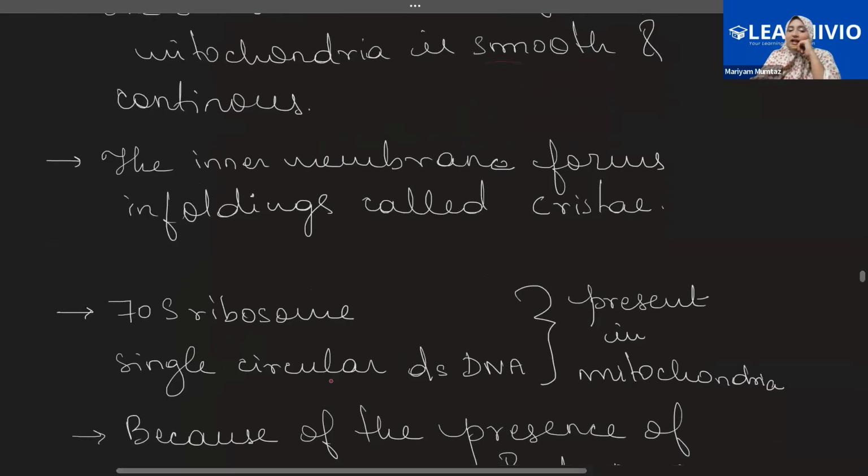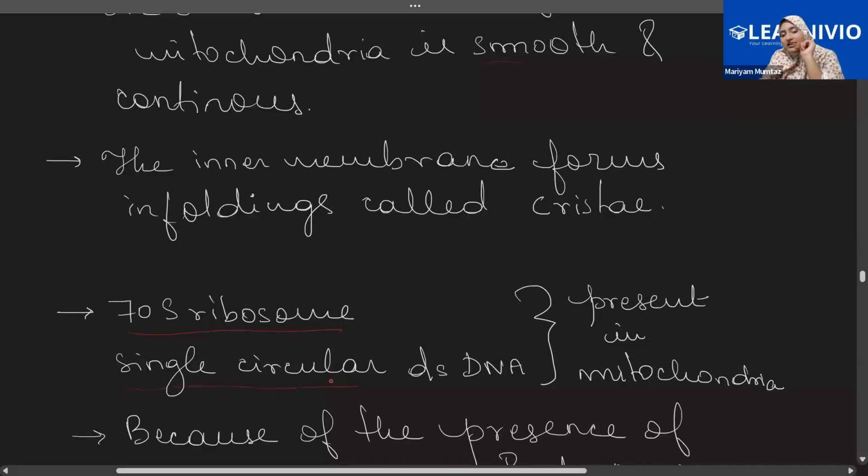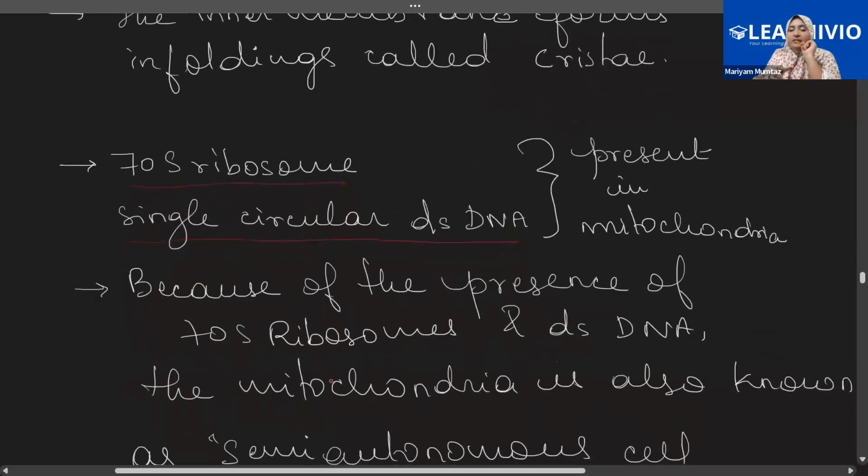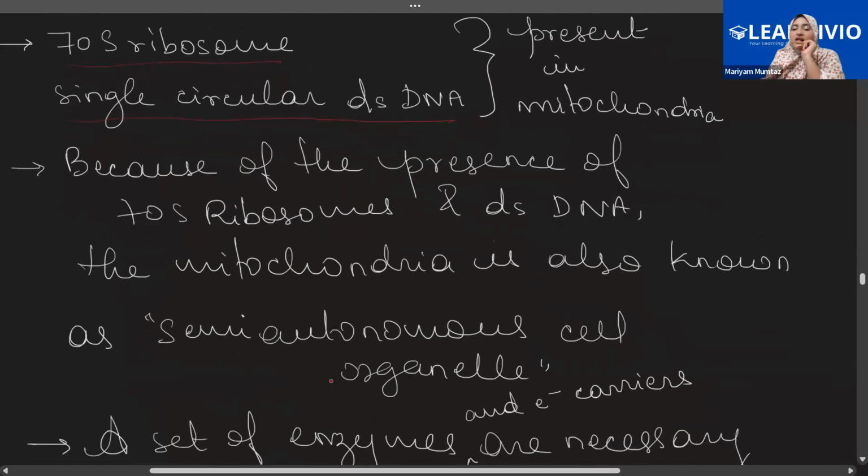We know that ribosomes are also present in mitochondria. Apart from that, the mitochondria has its own circular DNA. So 70S ribosomes and single circular double-stranded DNA are present in mitochondria. Because of this very reason, the mitochondria is known as a semi-autonomous organelle.